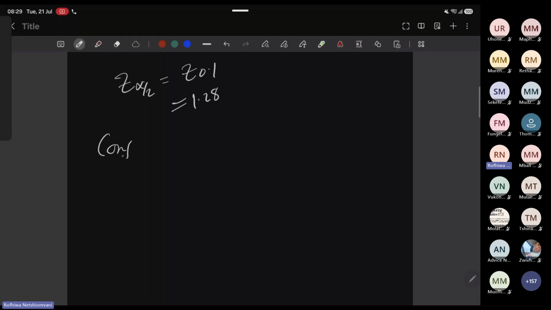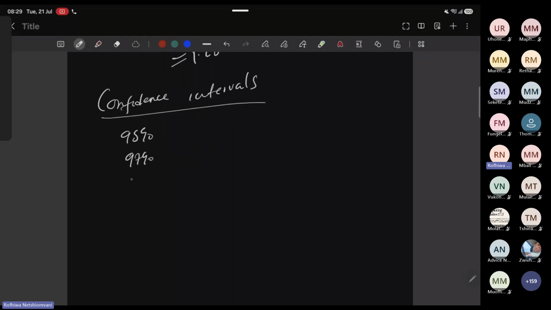Therefore, let's say confidence intervals. So let's say 95%, 97%, 99%, 96%, 90%. I can ask you any of these values.